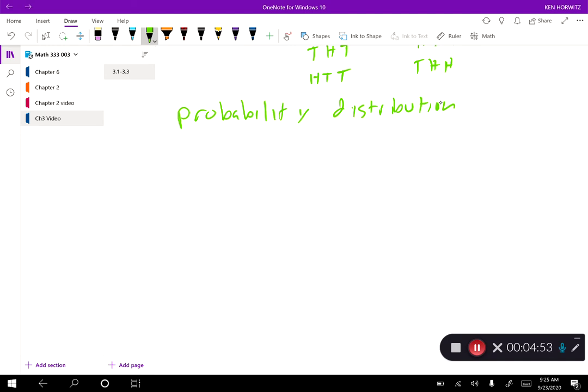And in a probability distribution, we have x, which is the number of heads, and the probability of x.